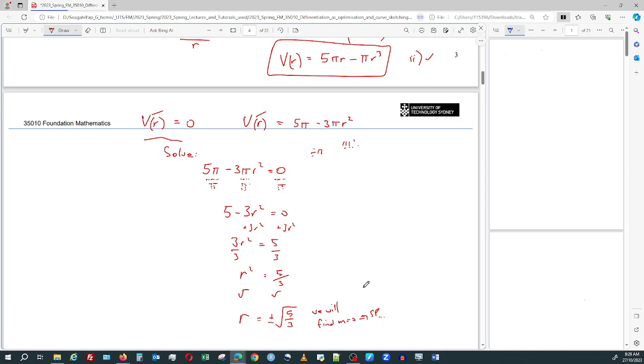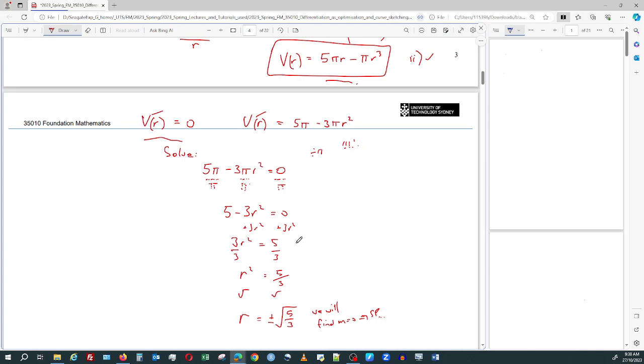Okay, so at r plus or minus square root of 5 on 3, we don't know what the function is because the function itself is a pretty dramatic one. This is a cubic of a type, so I'd have to put it into Wolfie to see what it looks like. Or I could test some values, but we're solving this problem rather than doing a curve sketching problem. So we're not going to continue on with all of the things that we could check.